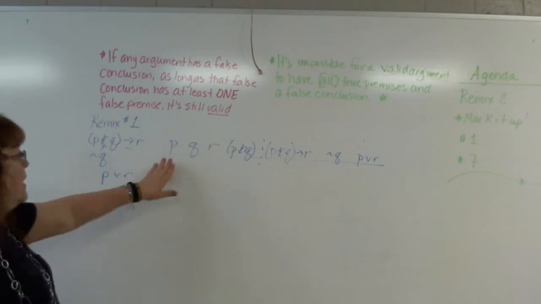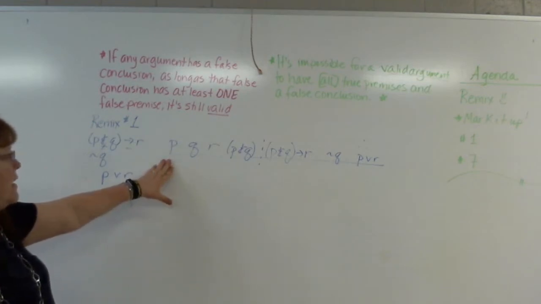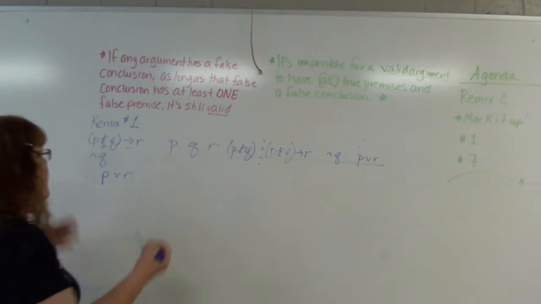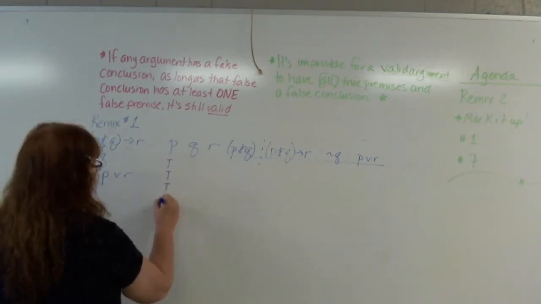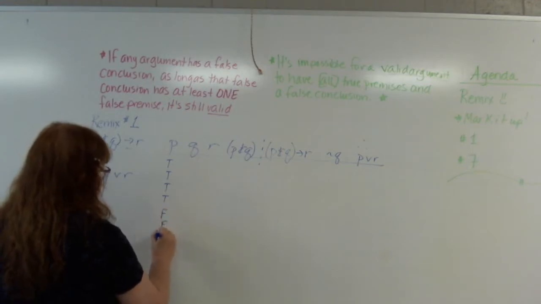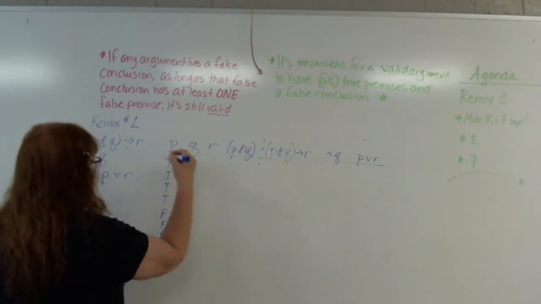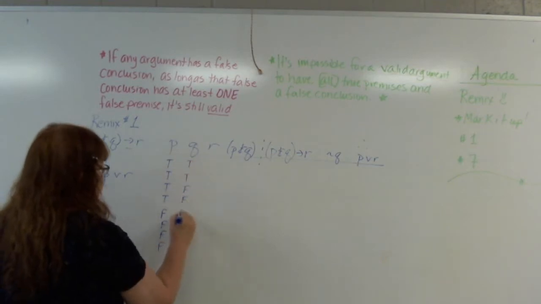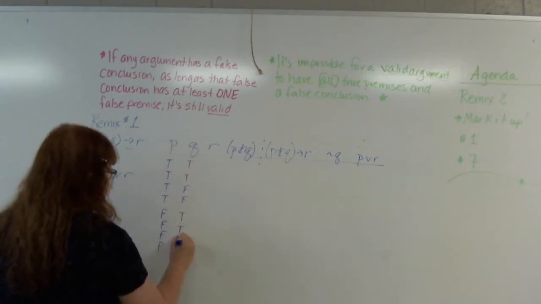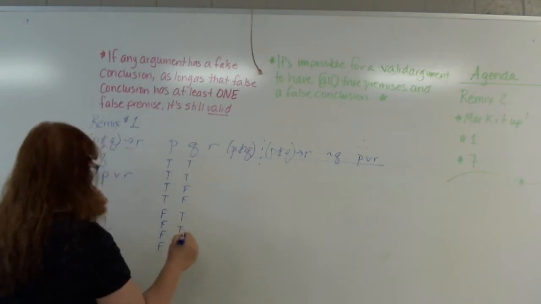Anyway, PQR. So I have 3 variables, so I need 8 rows. I'm going to use my half and half rule and do 4 by 4. So 4 trues, 4 falses, and then half of 4 is 2, 2 trues, 2 falses. Do that again because I still have space, still have rows left.